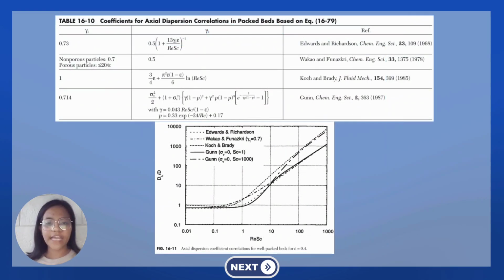Figure 16-11 compares predicted values of d sub L over d sub I for omega v equals 0 and epsilon equals 0.4 with Sc equals 1 or for gases at low pressure and Sc equals 1000 or for liquids based on the equations in Table 16-10.